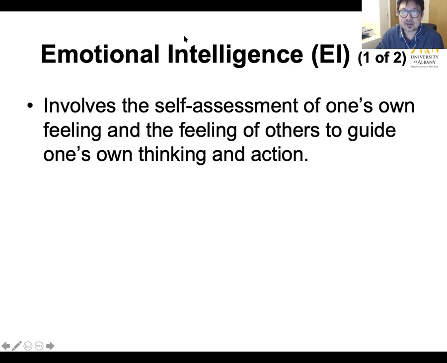Emotional intelligence, or EQ, emotional quotient, sometimes called, involves the self-assessment of one's own feelings and the feelings of others to guide one's own thinking and action. Basically, try to calm down, try to control one's emotions and understand the feelings of oneself and others, in order to help guide actions.